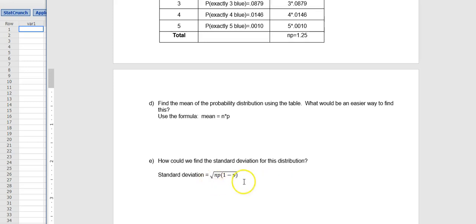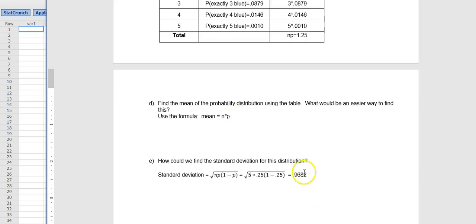So this is another really easy formula to find the standard deviation. For this, we would take our 5 times our p, which was 0.25, times 1 minus p. We could take that and plug the whole thing in our calculator, and that would give us the standard deviation.